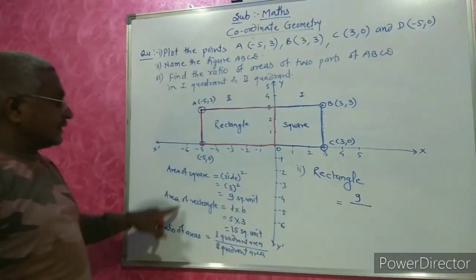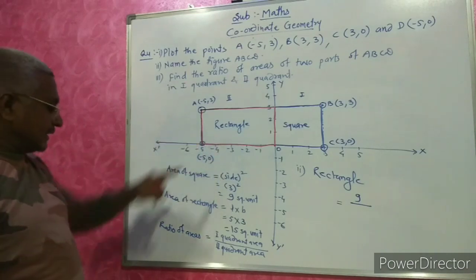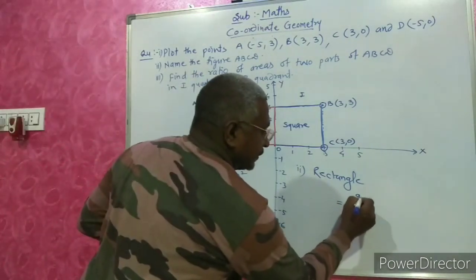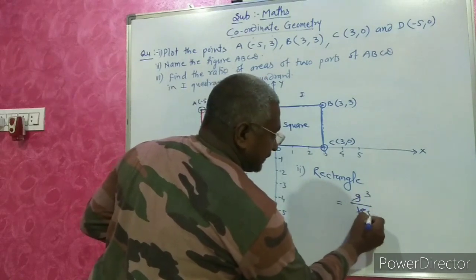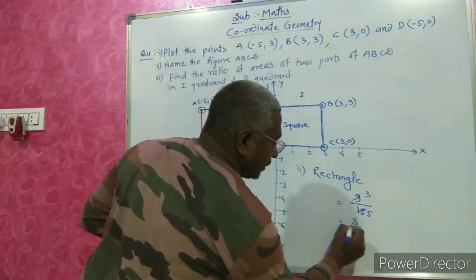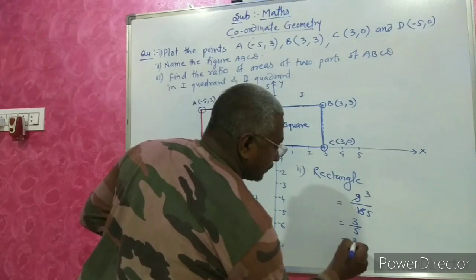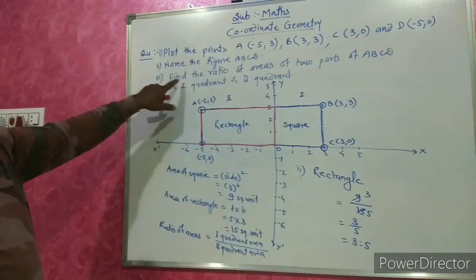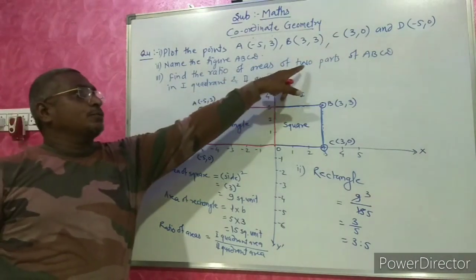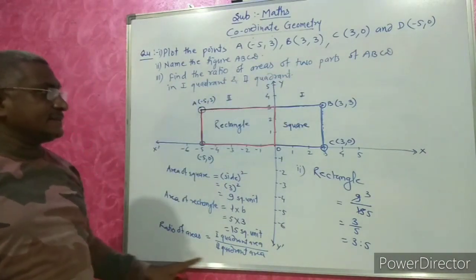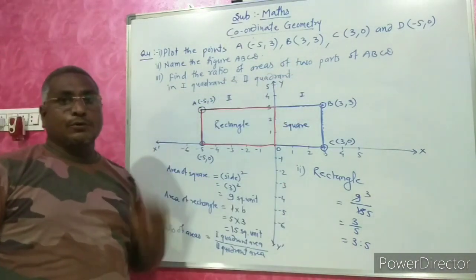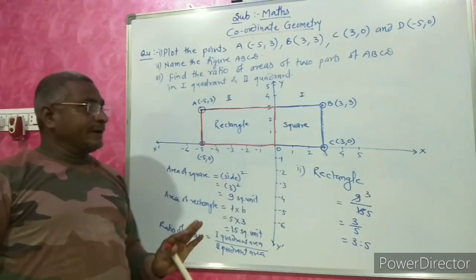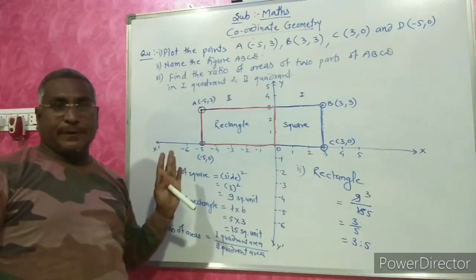The second quadrant is a rectangle, so its area is 15. 3 threes are 9, 3 fives are 15. So we get 3 by 5. The ratio of the areas of the two parts of ABCD is 3:5. Understood, students? Hope you understand this topic.